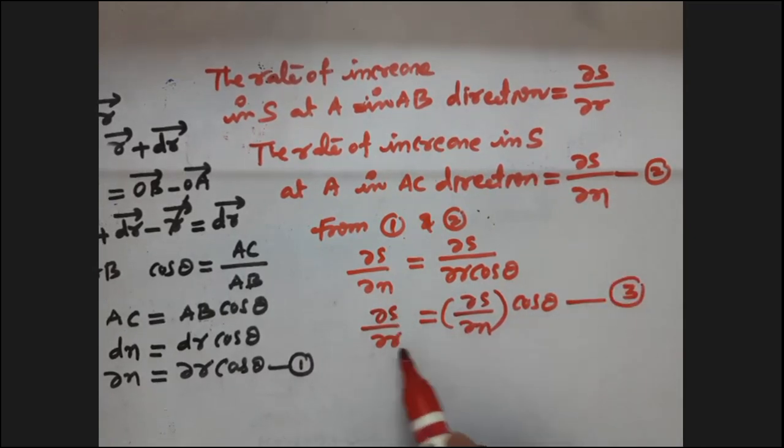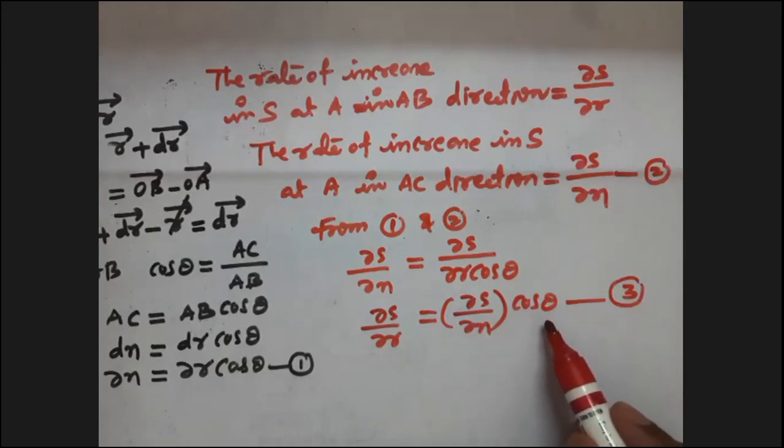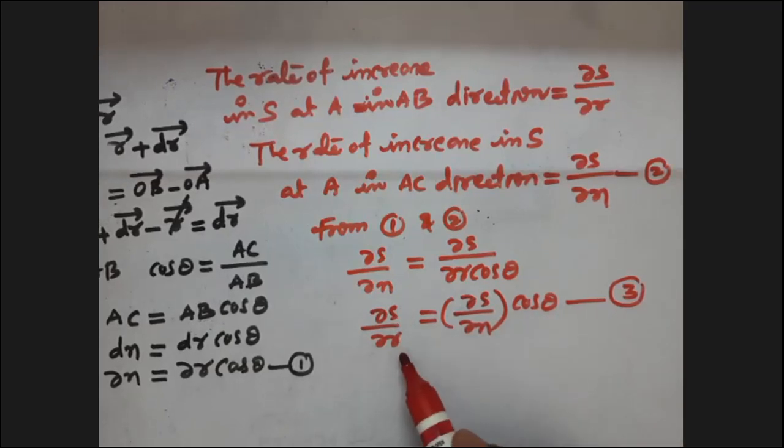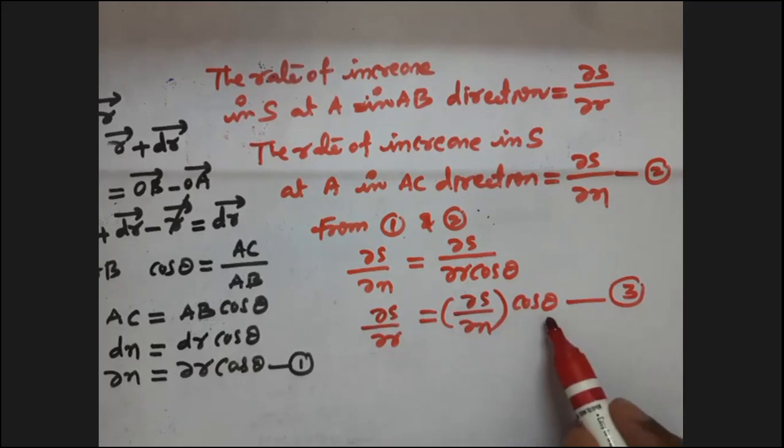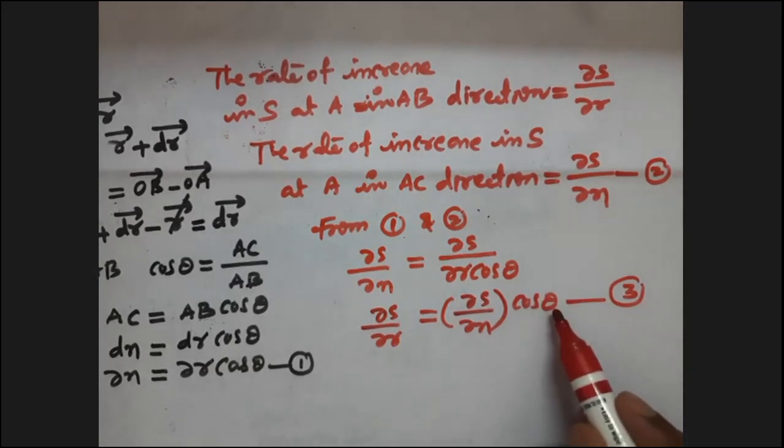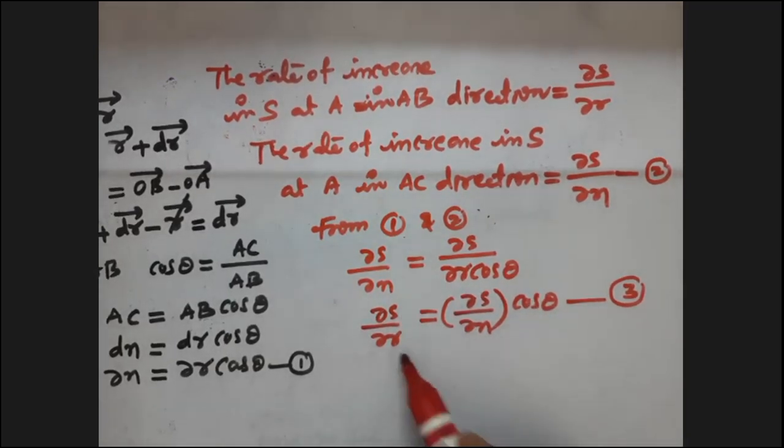Here the dou S by dou r value depends on cos theta. For what value would dou S by dou r be maximum? Cos 0 equals 1. For theta equal to 0, cos 0 equals 1, then dou S by dou r becomes maximum.